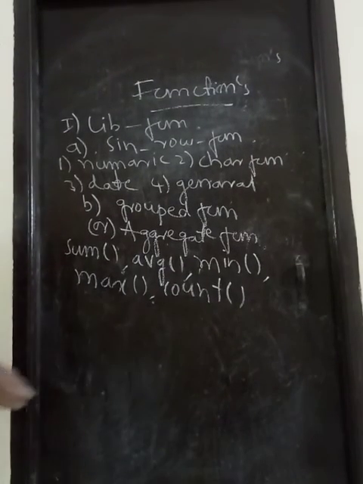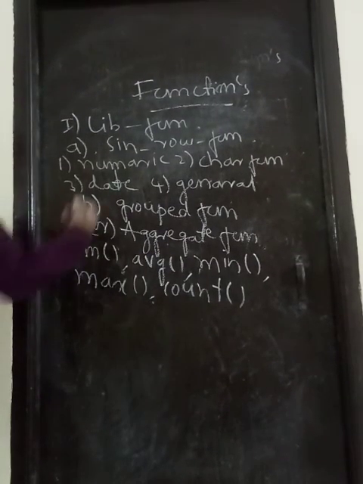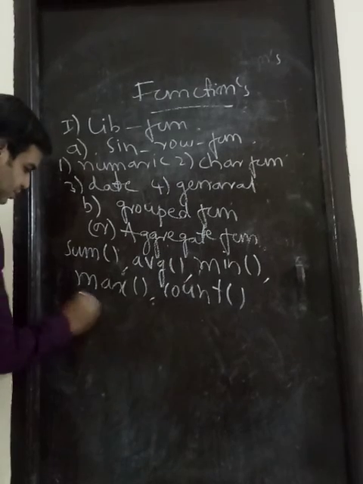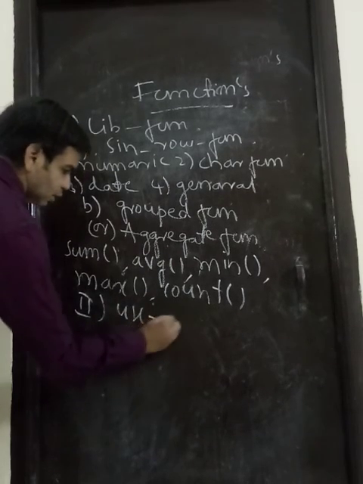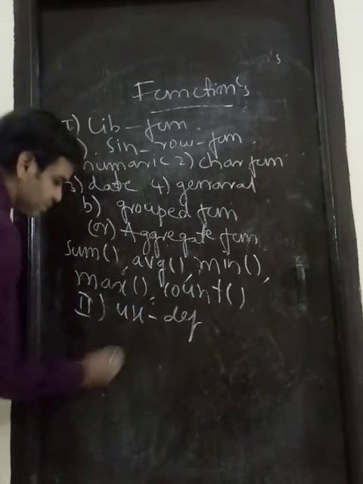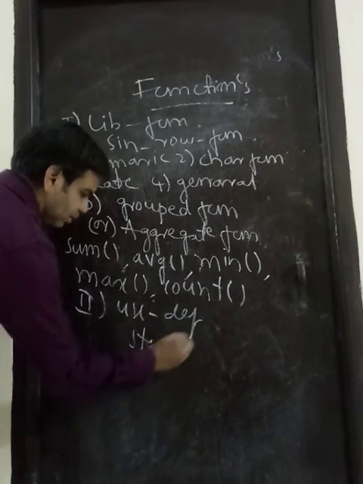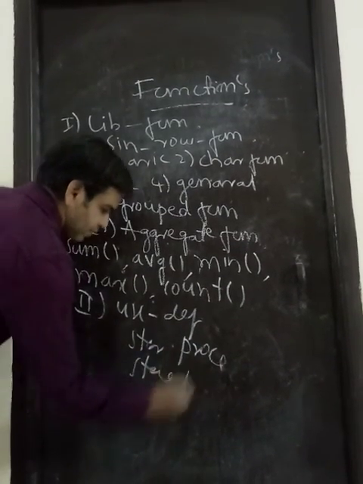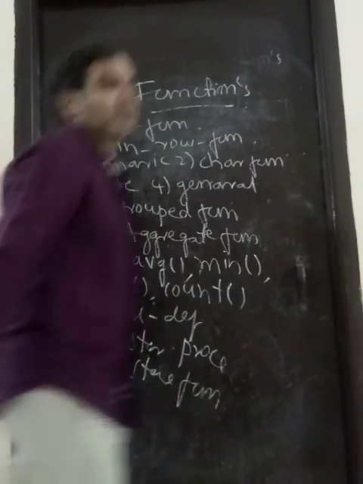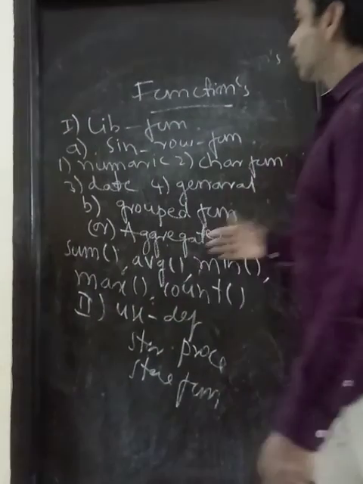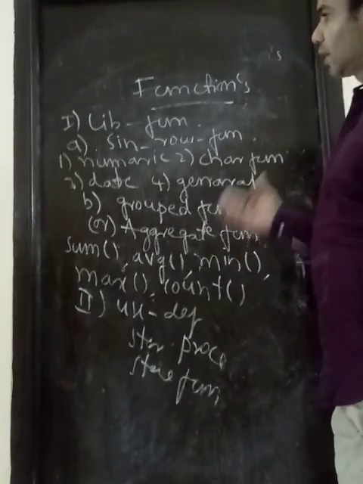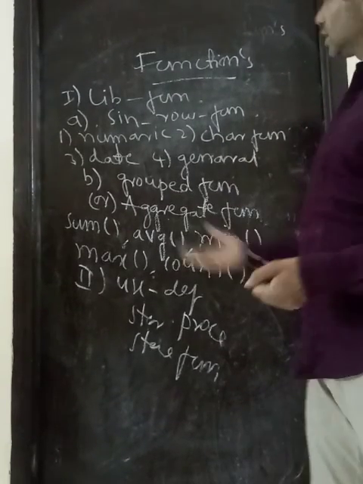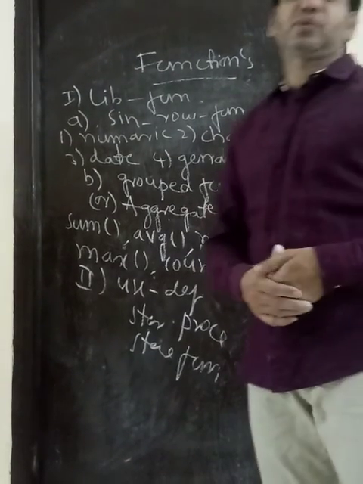Okay, and another one is user-defined functions. User-defined functions are mainly two types. First one is stored procedure, stored function. So these are the two user-defined functions. This is a brief description about the functions, library and user-defined. In the next class we will see about these functions. Okay, thank you.